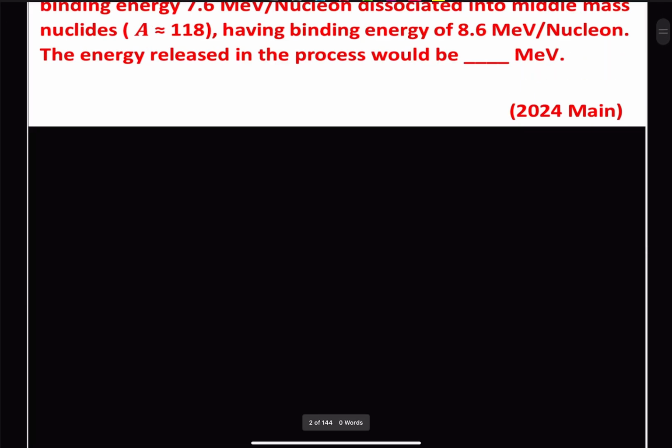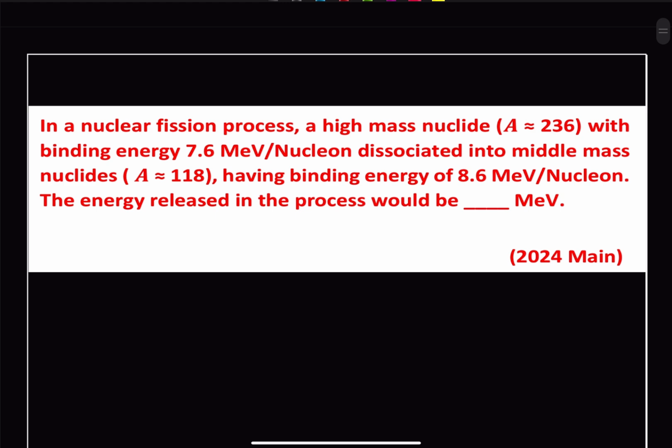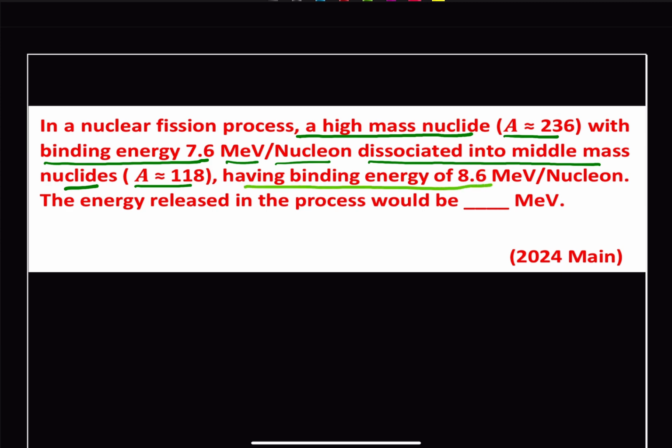Next question. It states that in a nuclear fission process, a high mass nuclide A approximately 236 with a binding energy 7.6 mega electron volt per nucleon dissociated into middle class nuclides A approximately 118 having a binding energy of 8.6 mega electron volt per nucleon.